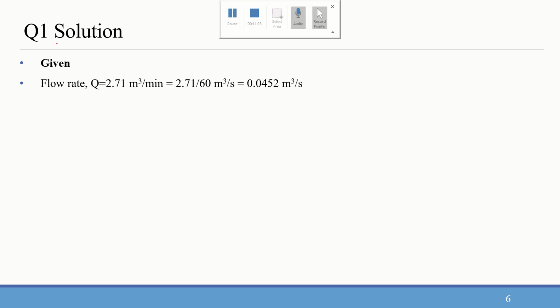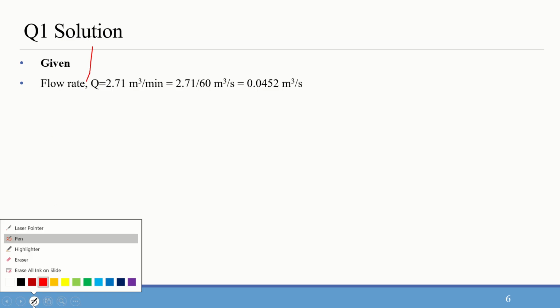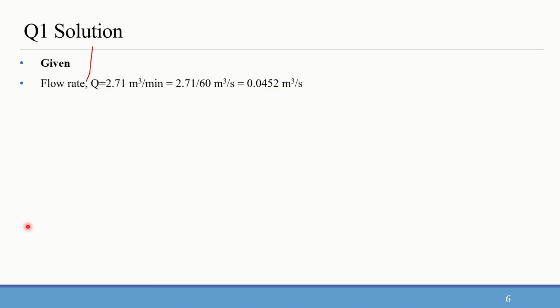Flow rate Q is given as 2.71 meter cube per minute, and we need to convert it into meter cube per second to maintain unit consistency. So we are dividing it by 60. If we divide, what we will get? We will get 0.0452 meter cube per second.